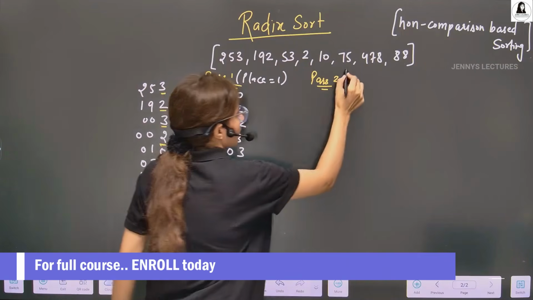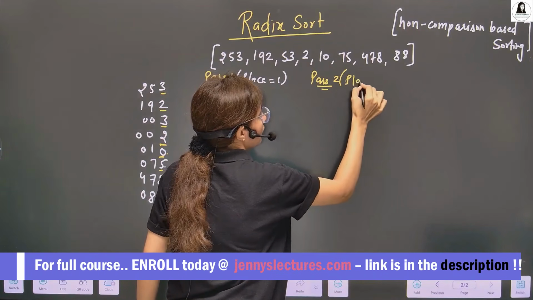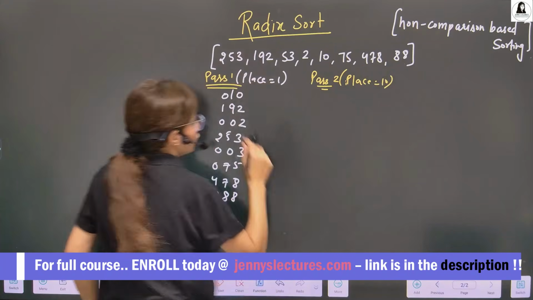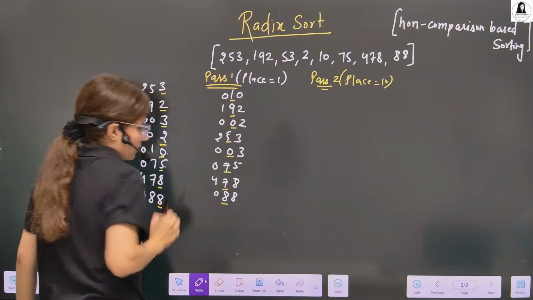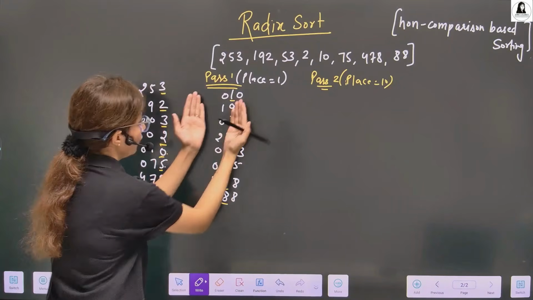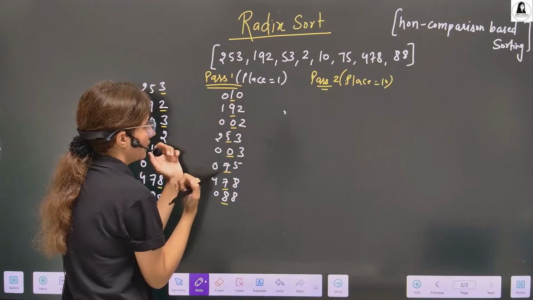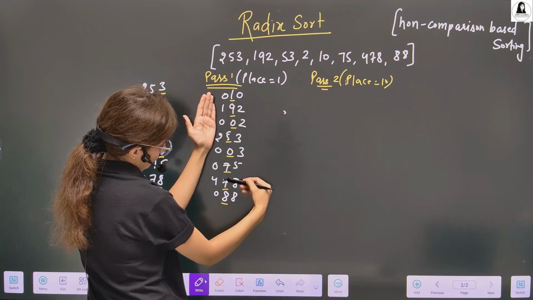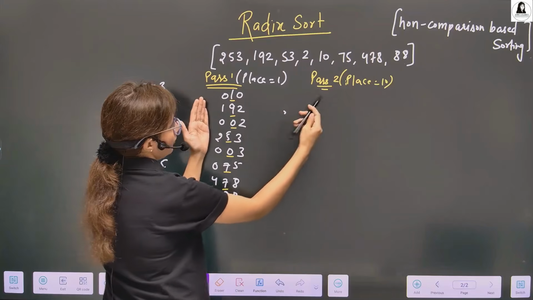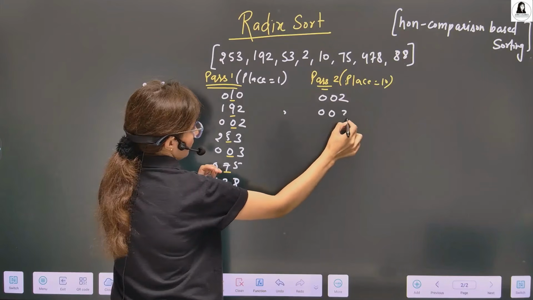Don't worry, this is the proper technique. Here the place value is tens, so now we sort based on this digit. Forget the other two and focus on the middle digit. Here we have 0 and 0, so this 0 would be first: 002, then 003.